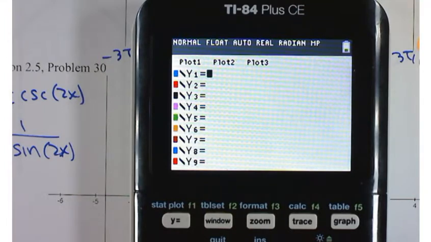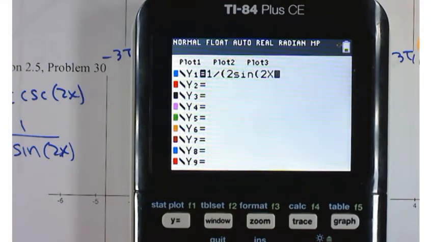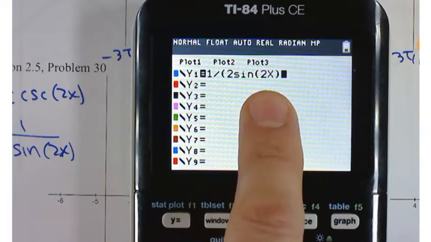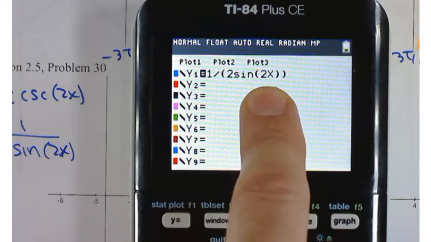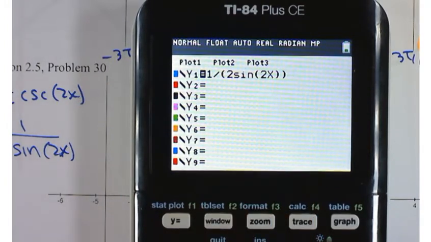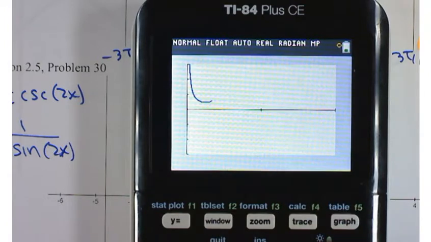The one that everyone would be able to do is 1 divided by, in parentheses, you need a parenthesis around this entire denominator, 2 sine of 2x. The first parenthesis closes off the sine, the second parenthesis closes off the denominator. And then I can just graph it from here. I'll use the same window that I had a moment ago.